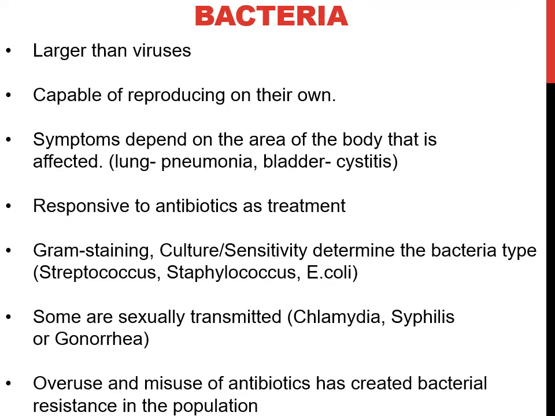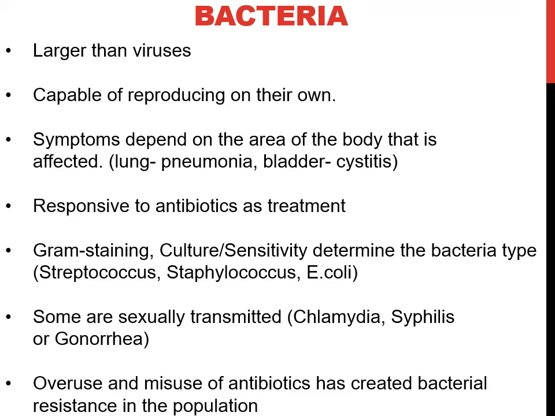Okay, so that's gram staining, and we'll talk more about that. Or we can take a sample of urine or blood or tissue and put it on a culture media and wait for it to grow. Okay, and if there's growth, we'll see what kind of bacteria grew on the growth medium that we put it on, and what antibiotics it is sensitive to.